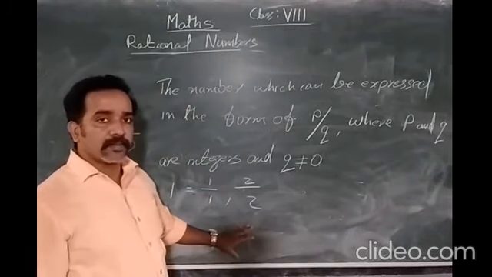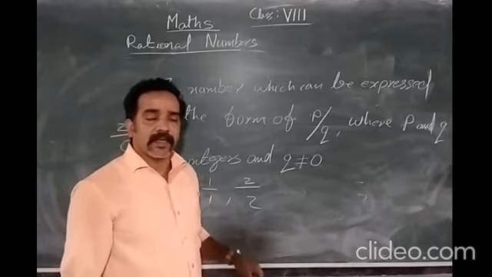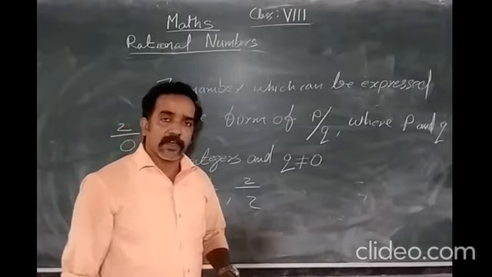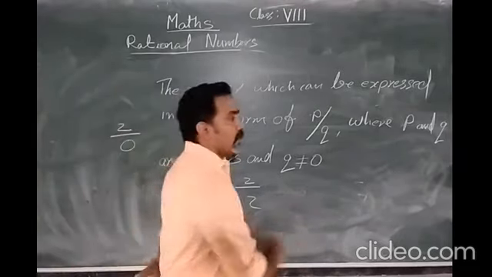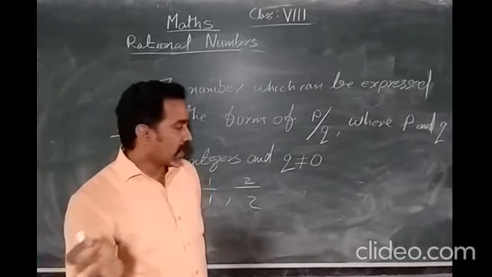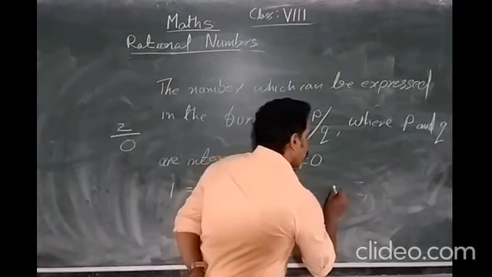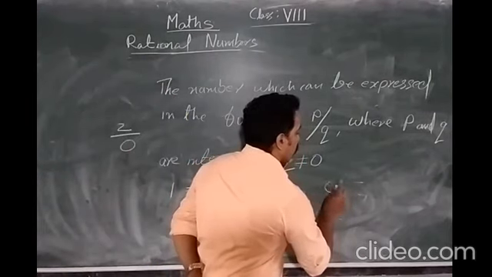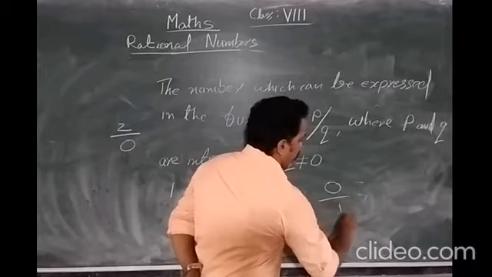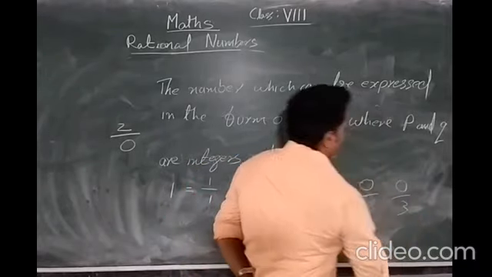Any natural number, we can say, is a rational number. And in the set of whole numbers, other than natural numbers, 0 is also there. And 0 is also a rational number, because 0 can be written as 0 by 1, 0 by 2, 0 by 3, any number.